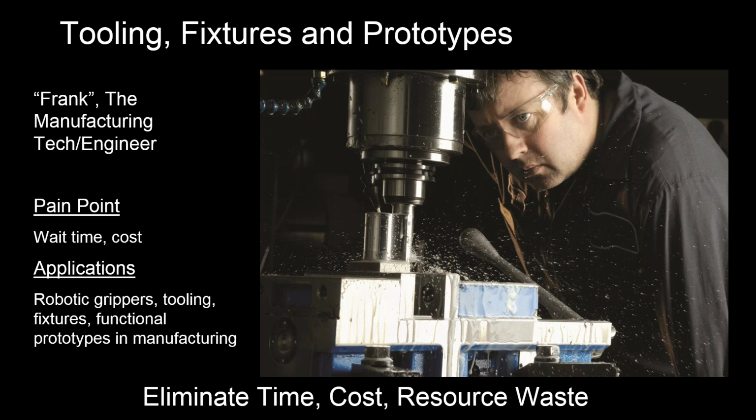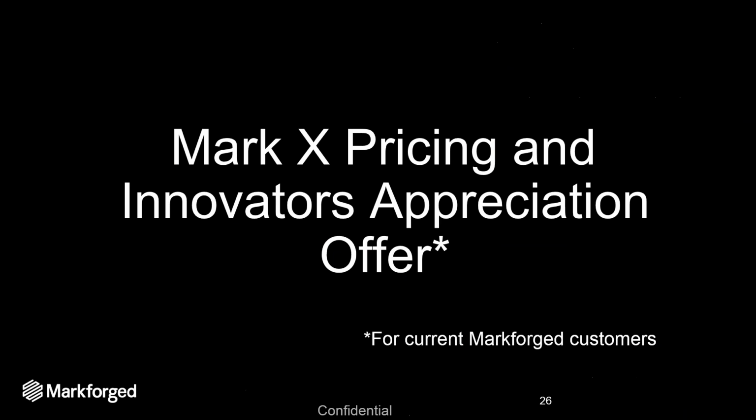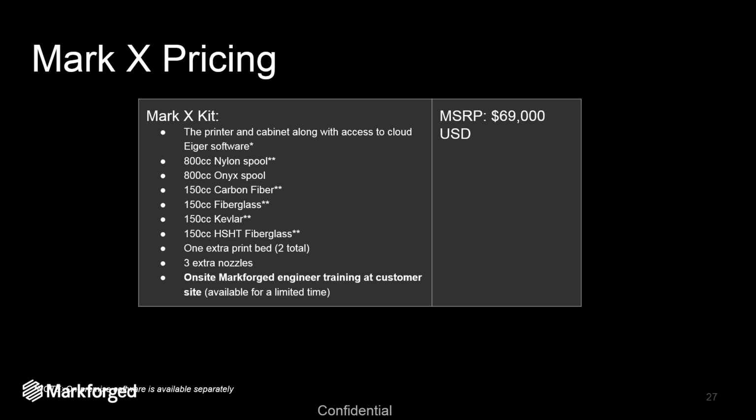So it's kind of a huge deal to a lot of people because this allows them to use this for production for various types of parts, reduces inventory, supply chain, all this other good stuff. So this printer goes for $69,000. It comes with a bunch of materials that I'm going to kind of glaze through here.